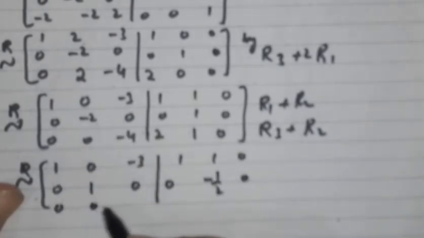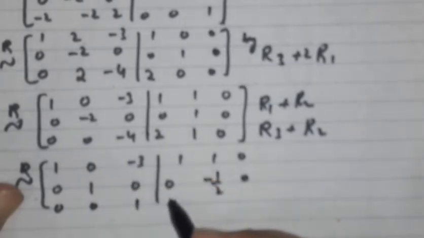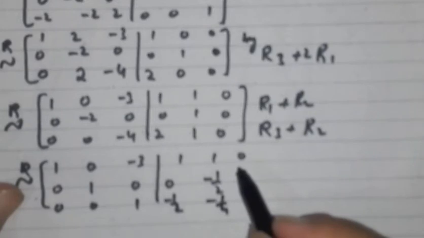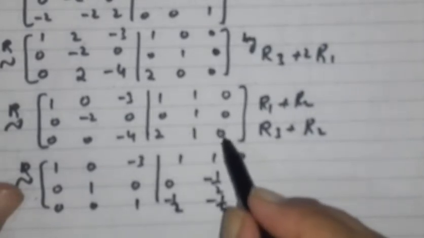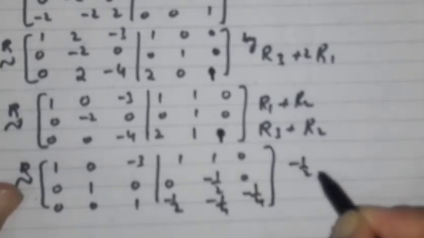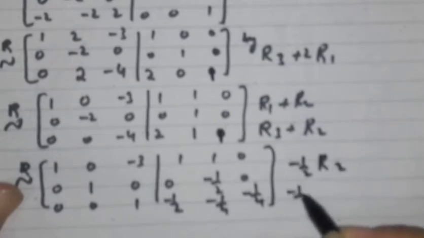And multiply this with minus 1 over 4, so 0, 0, here we get 1, and here we get minus 1 over 2, and here we get minus 1 over 4. How? Minus 1 over 2 R2 and minus 1 over 4 R3.